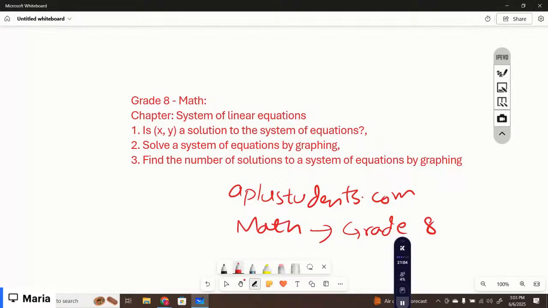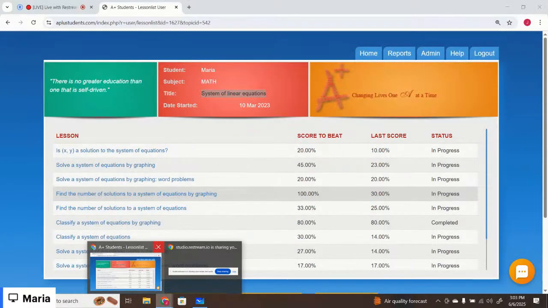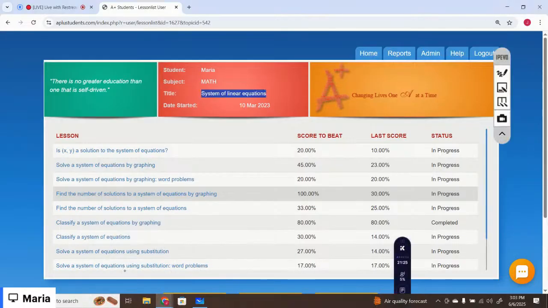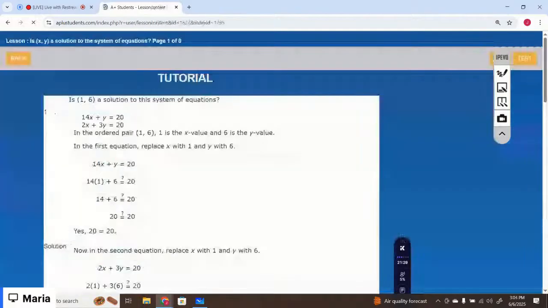So please make sure you have your notebook and pencil so that you can note down the important examples and definitions as well. Now let's start with the first lesson, that is, is (x, y) a solution to the system of equations.